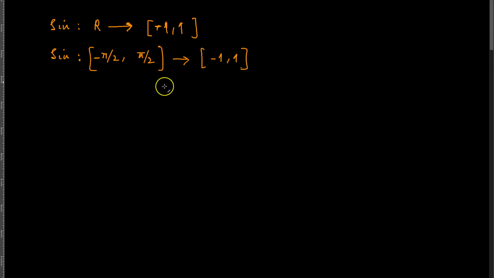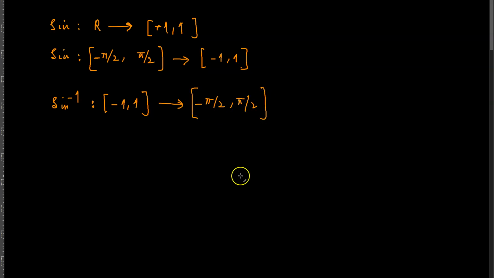Since this is the case, the sine inverse function becomes a function that goes from -1, 1 to negative pi by 2, pi by 2.